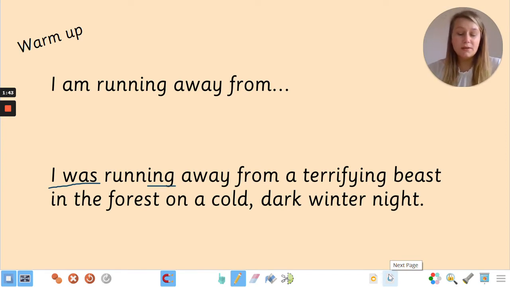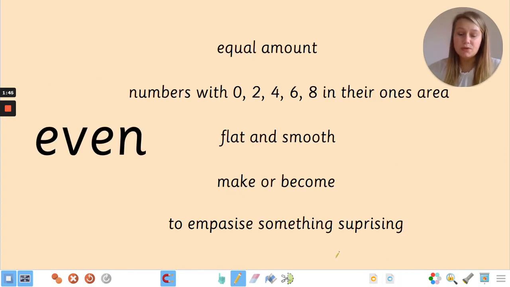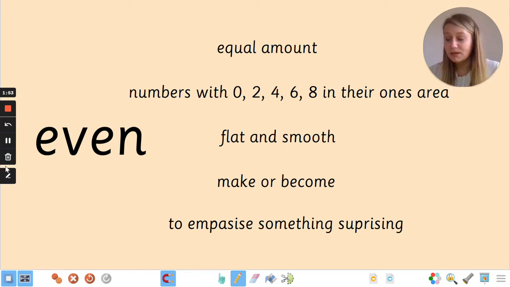Okay, we are going to get started learning some new common exception words. And the first word that we're going to talk about today is the word even. And I think this word is really fascinating because this word can be used in so many different ways. So we can talk about having even or equal amounts of things. We've talked about that in our maths when we talked about fractions, finding half of a shape or half of a quantity.